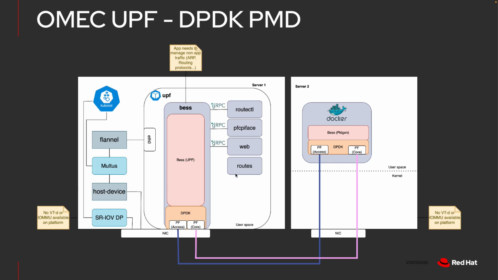And this routes container runs at the start to install some essential routes and things that we need, beyond the capabilities of the host device CNI, to allow us to run a DPDK-based UPF. Okay, so let's go ahead and run the UPF on server 1 with the DPDK-based backend.